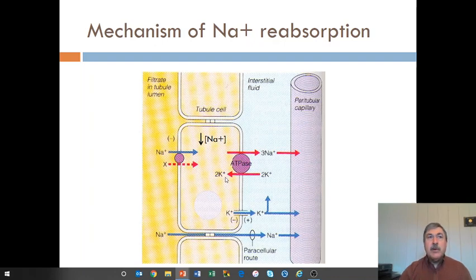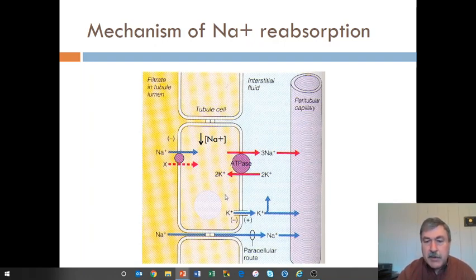Now, one of the things you may be wondering about is if these sodium-potassium pumps transport potassium into the tubular cells, what prevents the potassium from just diffusing down its gradient across the luminal membrane into the filtrate, which would cause the loss of potassium to the urine. And potassium is a useful substance. It's needed for action potentials, for example, and also for muscle contraction.